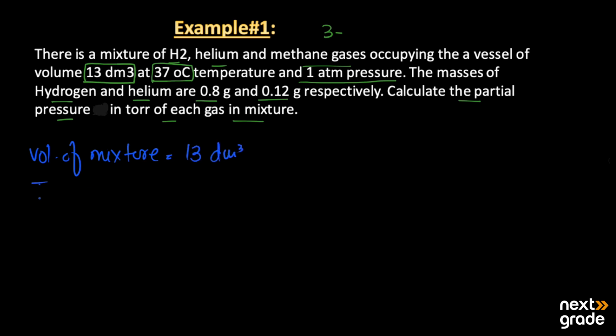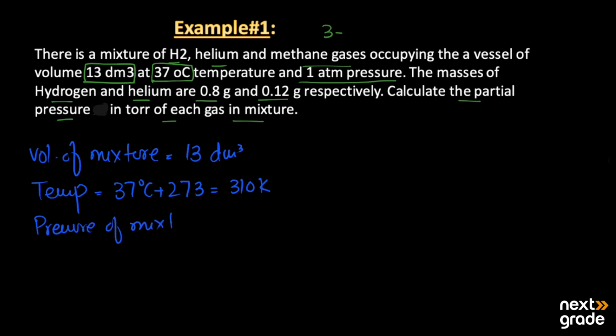The second thing we have is the temperature, which is 37 degrees Celsius. By adding 273 we get 310 Kelvin. And the third thing we have is the pressure of the mixture of the gas, which is 1 atm.